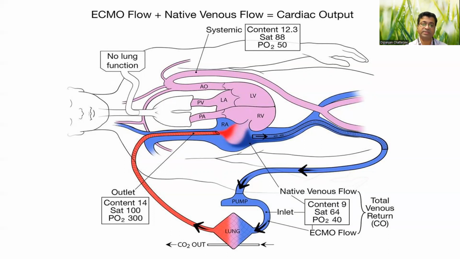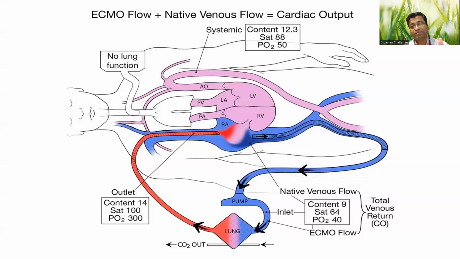The net oxygen content depends upon the concentration of the oxygen in each part. So it is a venous admixture which ultimately determines the net oxygen content in the blood in the systemic circuit.